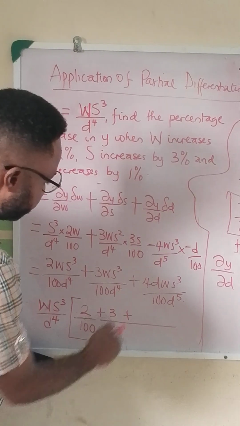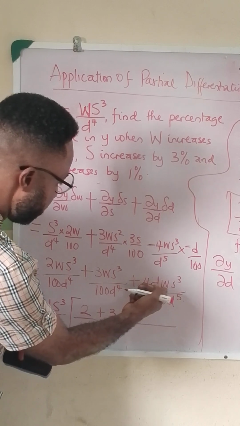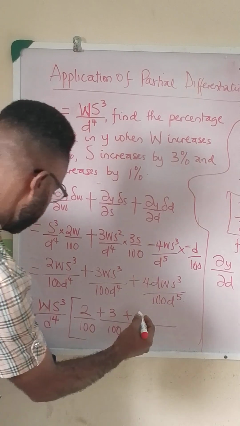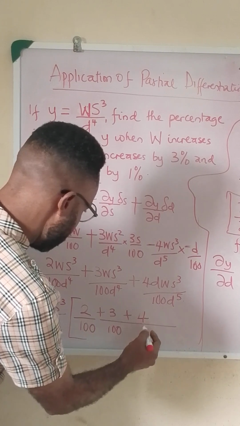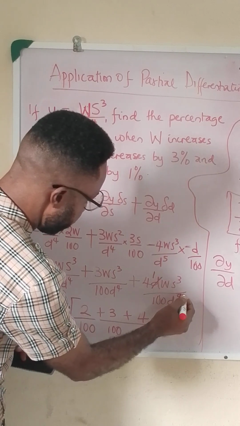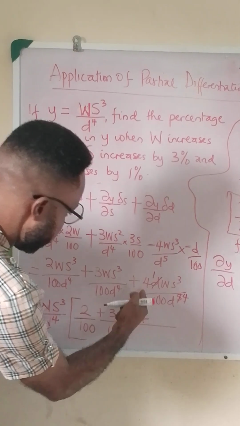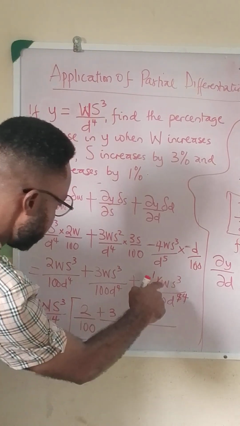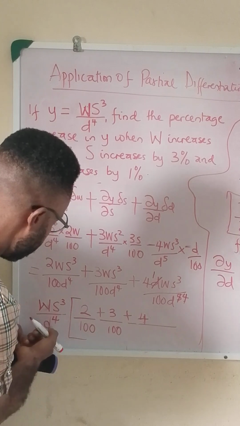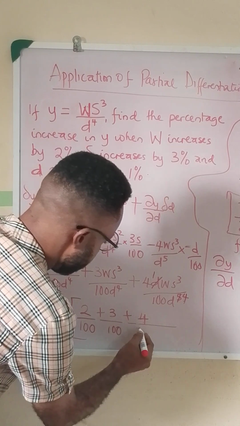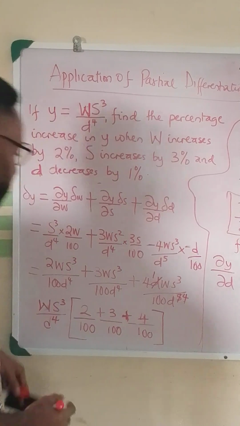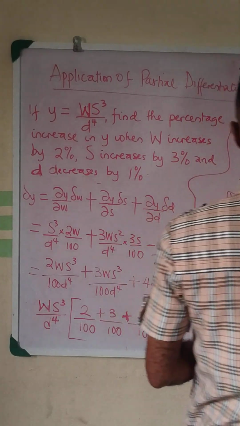Plus, if we bring out WS cubed from here, what will be left is 4D. The D here cancels with the D raised to power 5, so what is left is 4, and if we bring out D raised to power 4, what will be left is 100. Okay, we've gotten that.